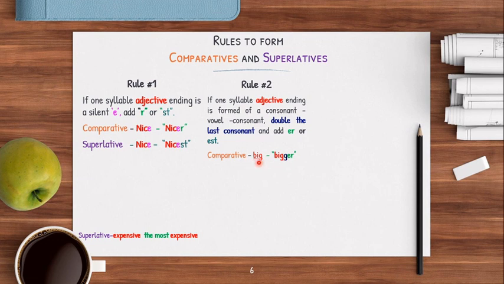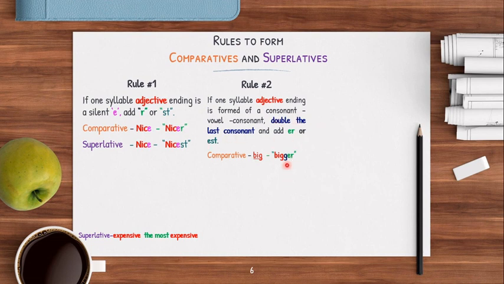And it is formed of a consonant, a vowel, and a consonant. What does it mean? It means that we will double the last consonant, meaning you add another consonant similar to the last one. So we have a G and then we add another G. That's in blue so you can see it.